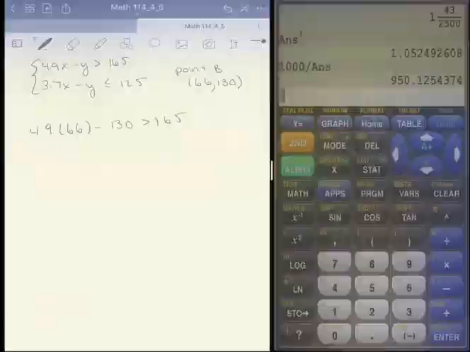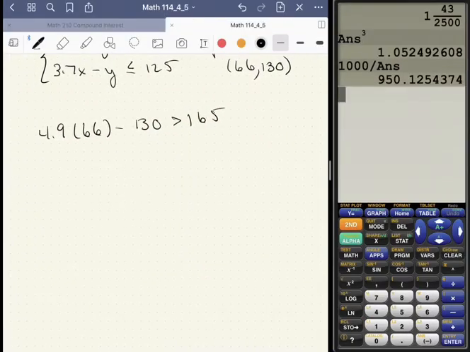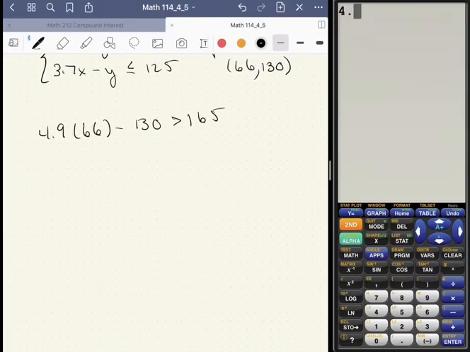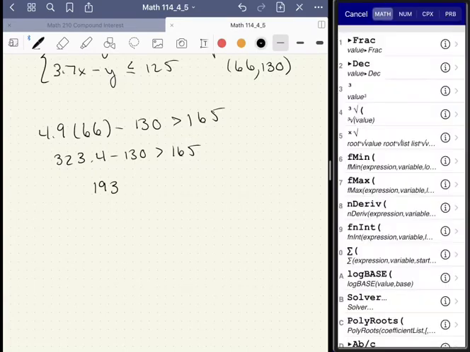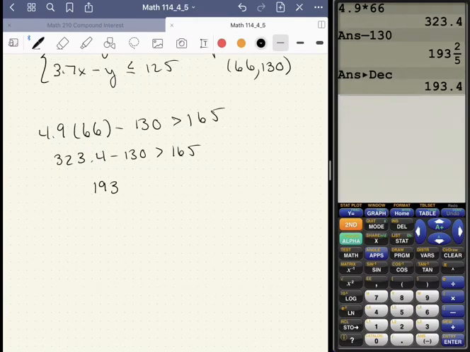Let's get a calculator out. 4.9 times 66 equals 323.4, minus 130, so I have that this is 193.4. Let's leave that in decimals. So this is true.